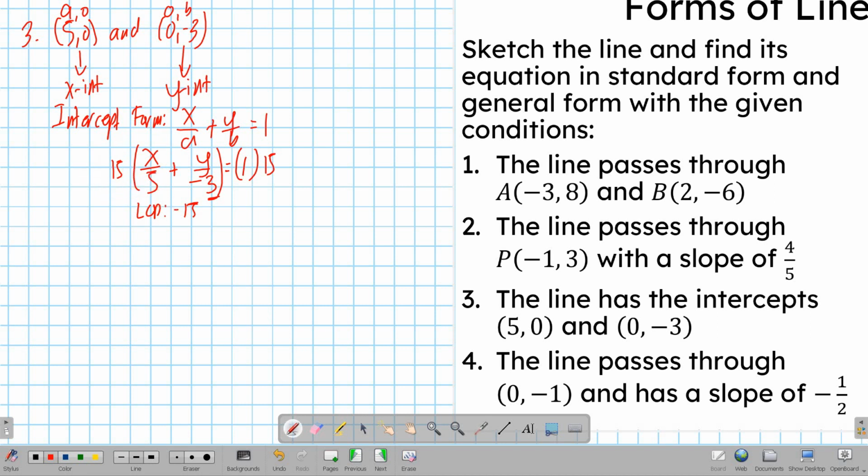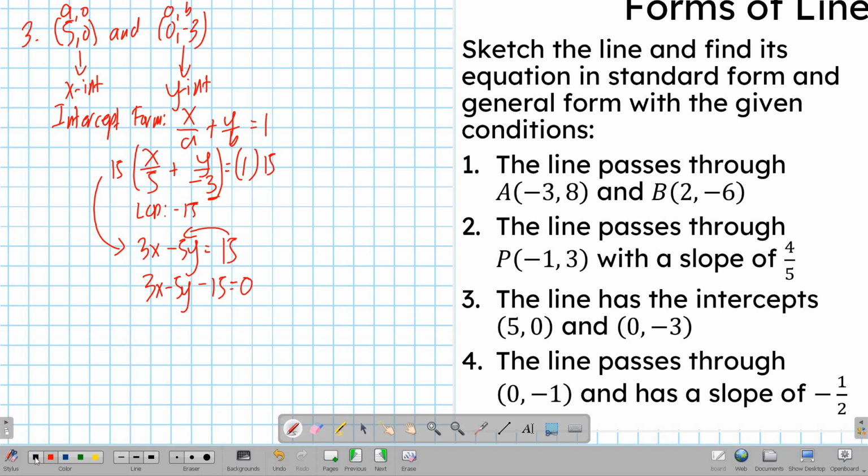So in doing so, this would then become 3x minus 5y is equal to 15, which is now the standard form of the equation of the line that passes through 5, 0, and 0, negative 3. Ang general form, pag nalipat mo, 3x minus 5y minus 15 equals 0.